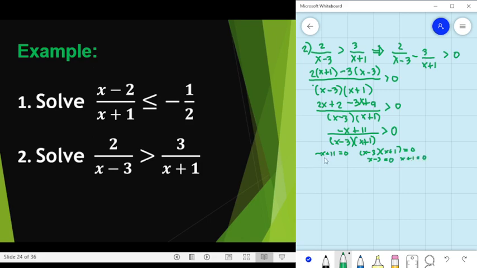So, subtract 11 from both sides. So negative x equals negative 11, or x is equal to 11. And then this is x equals 3. And here, it should be x is equal to negative 1.